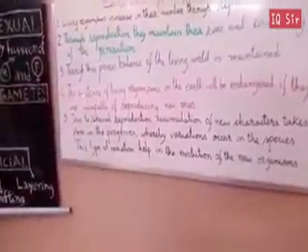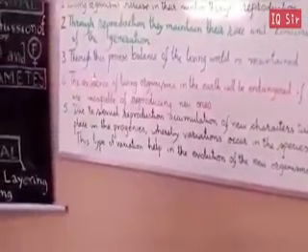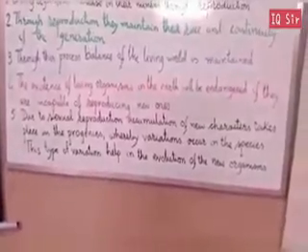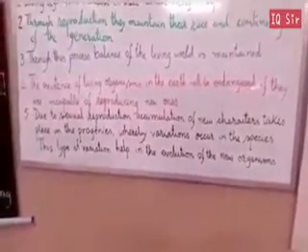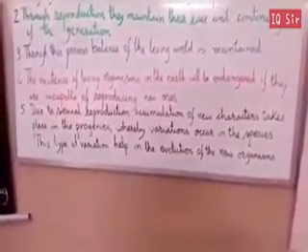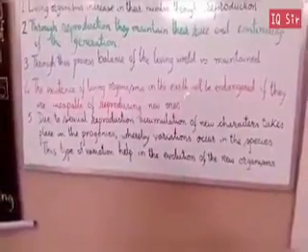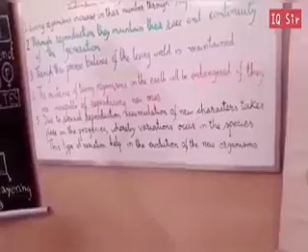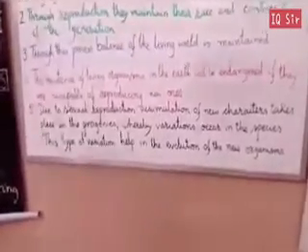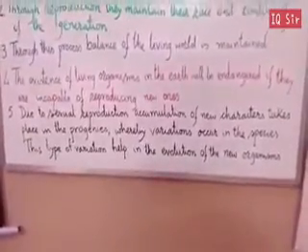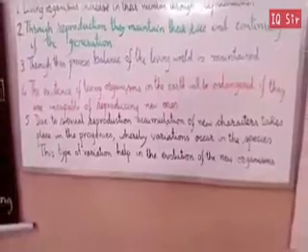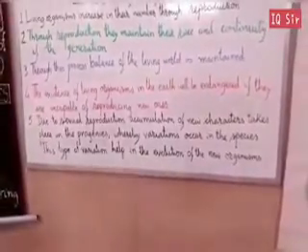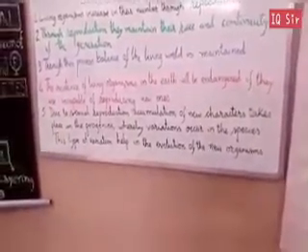Therefore, the fourth point is, the existence of living organisms on earth will be endangered if they are incapable of reproducing new ones, isn't it? Their lives will be in danger. Therefore all living organisms must reproduce. It is a purpose of life to reproduce.